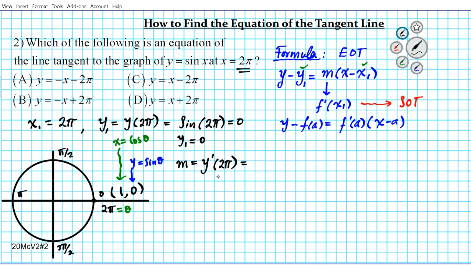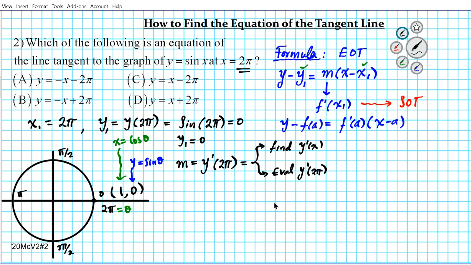Your SOT, slope of the tangent line, involves finding the slope anywhere, known as the derivative. So you need to find the derivative first, and then when you're done with that, you're going to evaluate your derivative at the specified x value, which is 2 pi in this particular case.